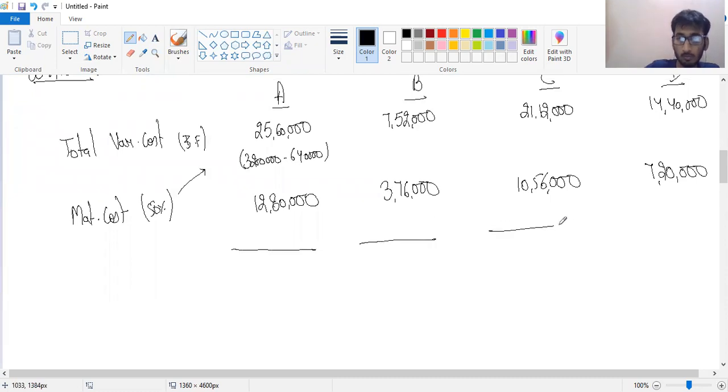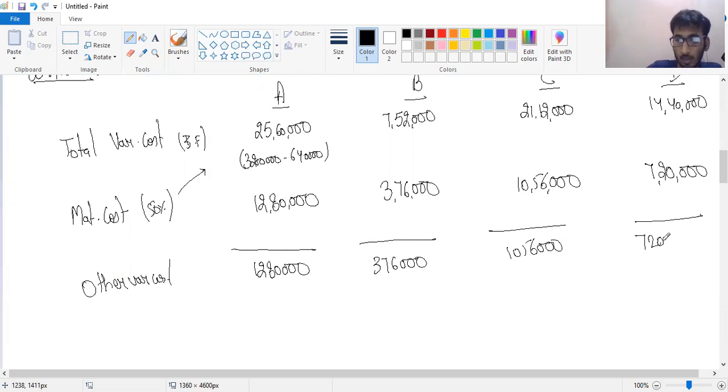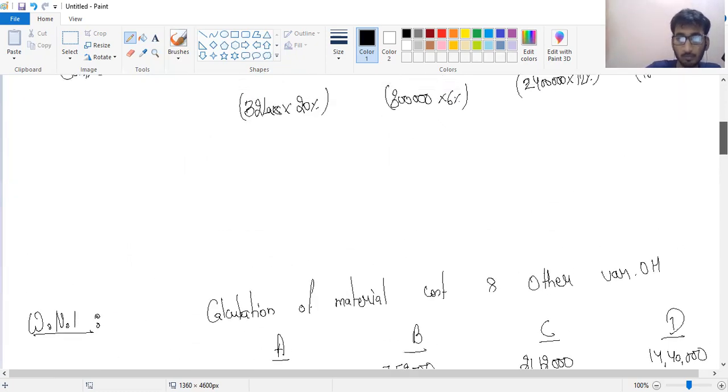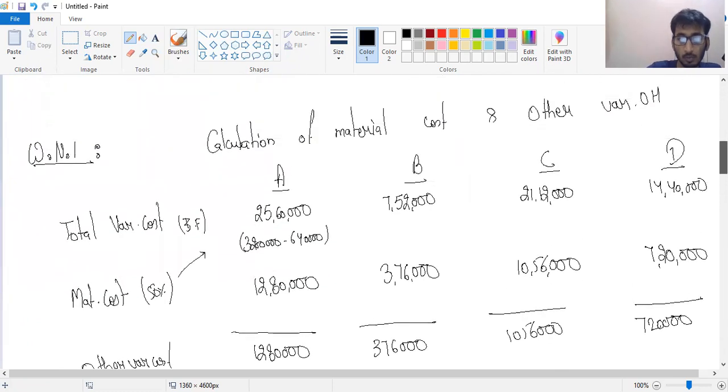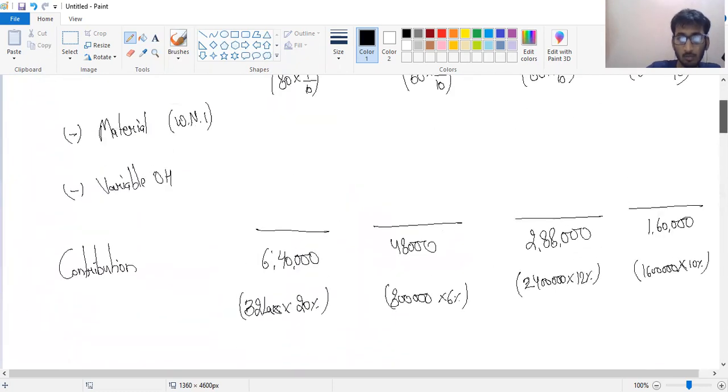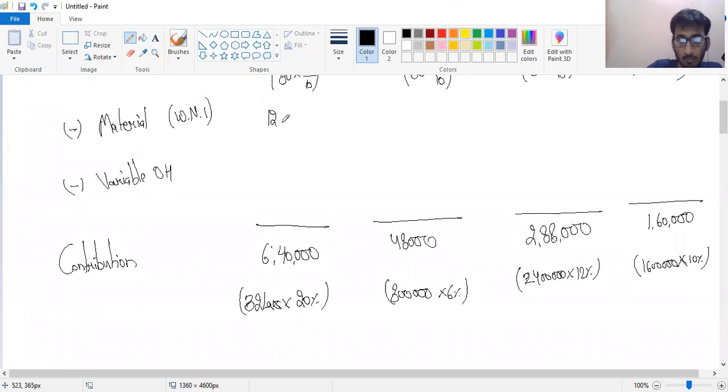So other variable cost would also be 12 lakh 80,000, 376, 10 lakh 56,000, and 7 lakh 20,000. Write it here.